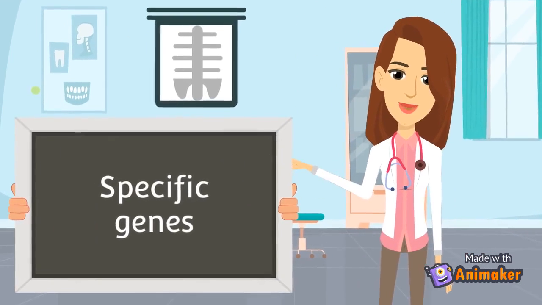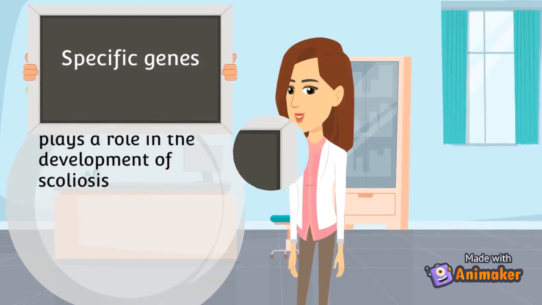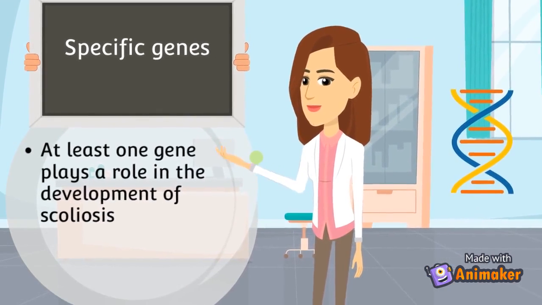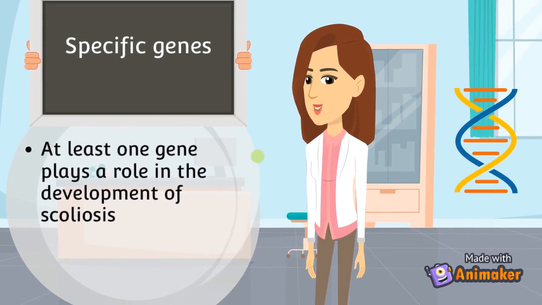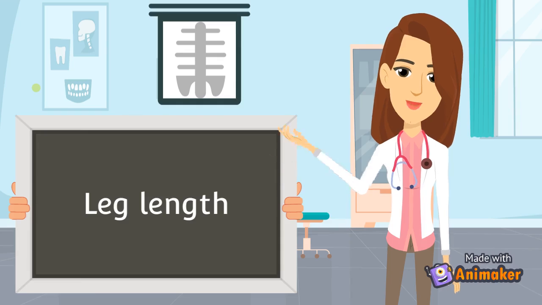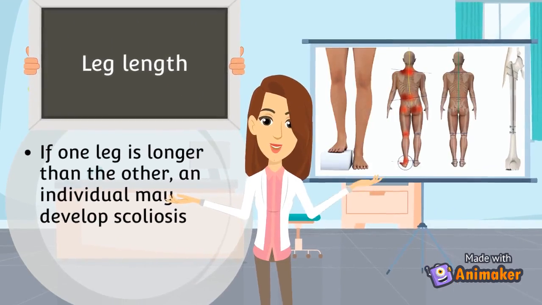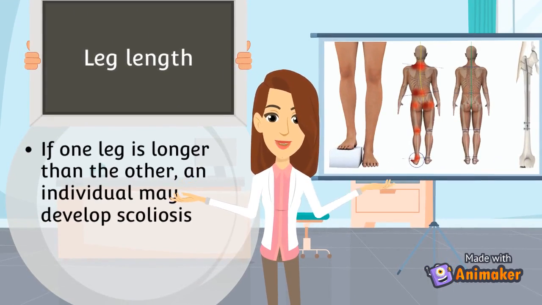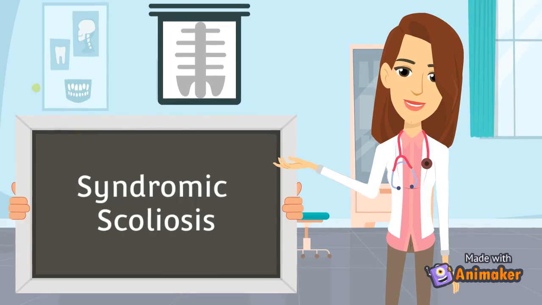Specific genes. At least one gene plays a role in the development of scoliosis. Leg length. If one leg is longer than the other, an individual may develop scoliosis. Syndromic scoliosis.